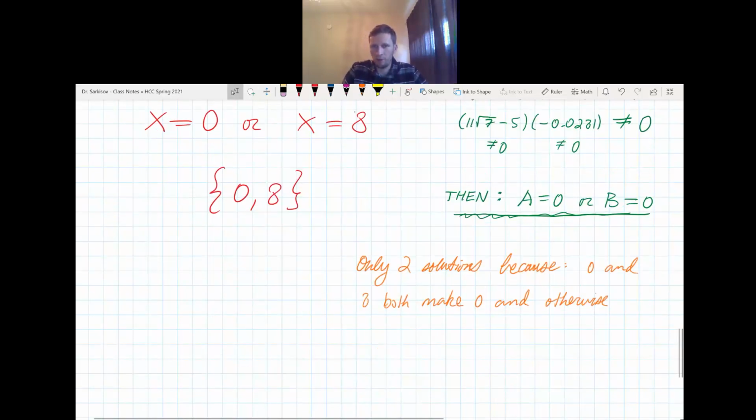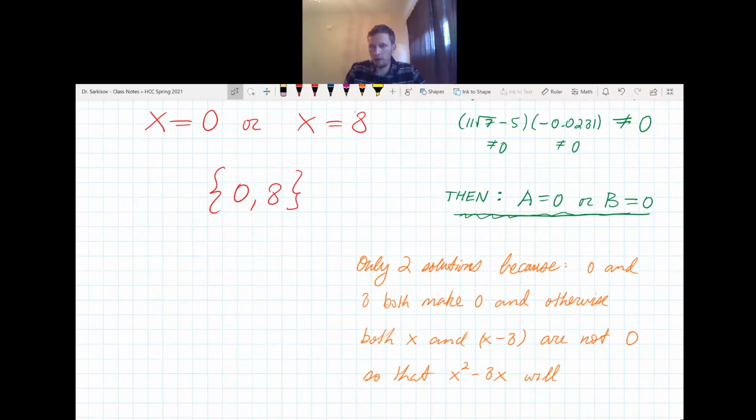So both x and x minus 8, I'm going to use a specific case, but anything like that will work, right? Both this and this are not 0, so the x squared minus 8x will also not equal 0, right? And so in other words, if I don't have 0 or 8, it's not going to work for sure.